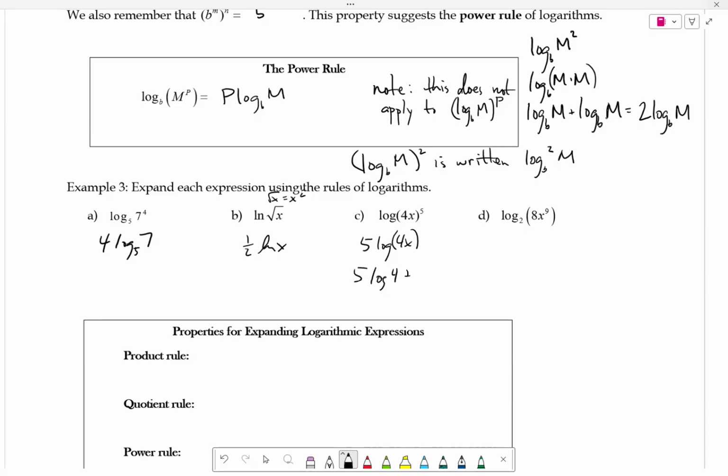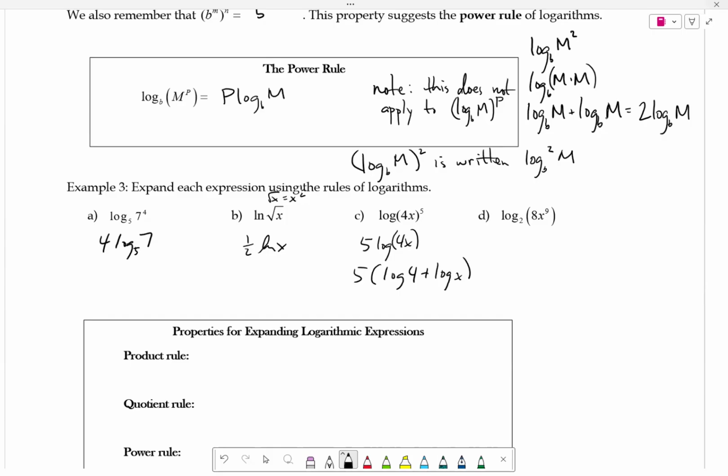Nice. Thank you for applying that to both of these. What do y'all think? If you're not sure about that, you can think about it as 5 times log of 4 plus log of x. But you can see that the distributive property is necessary there. So you could just keep that in your head and say exactly what Ella just said.